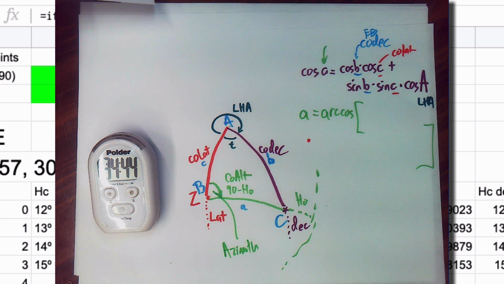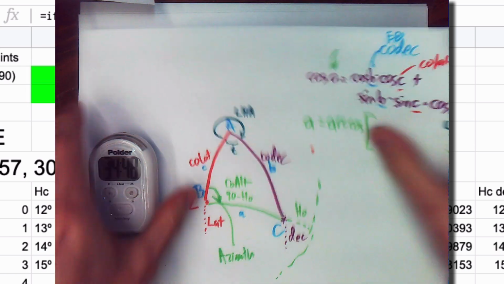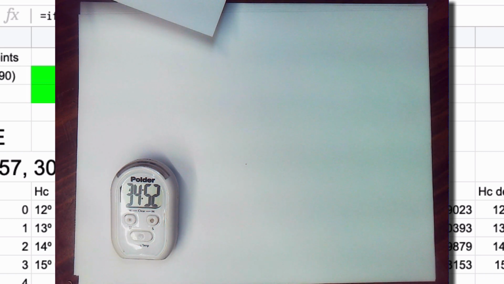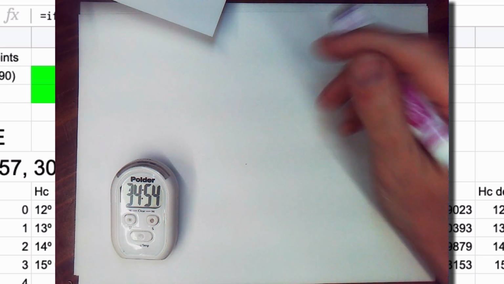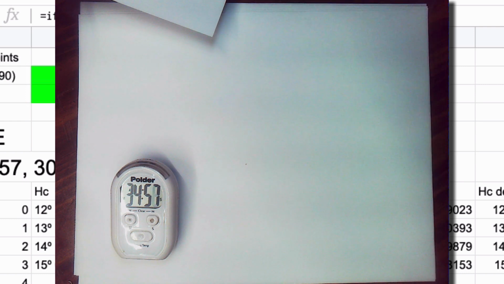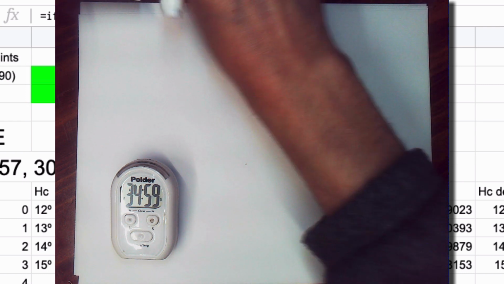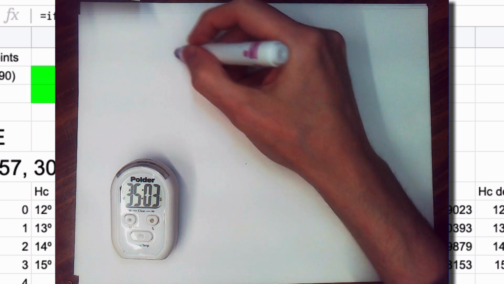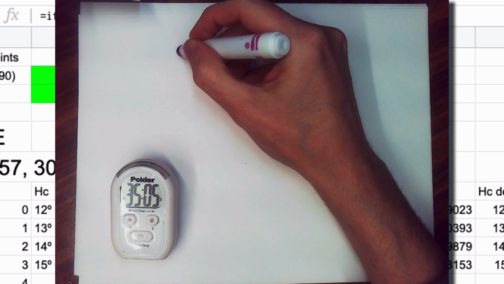Okay, so now we need to solve for that angle, and let's see if we can use the spherical law of cosines. I'm going to write the formula again with slightly different letters, with lowercase b at the start.